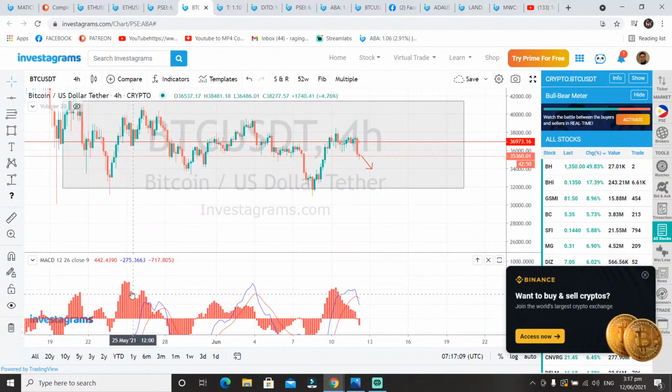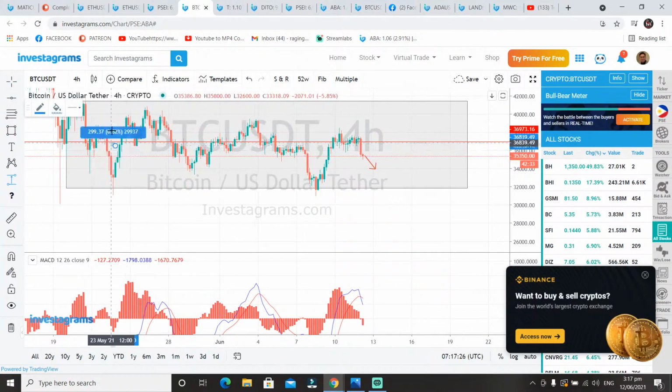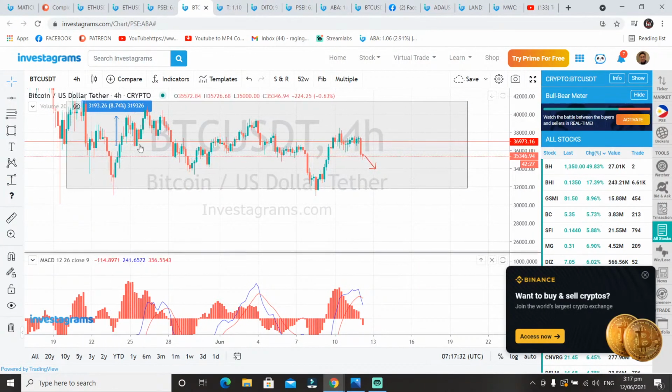But what's important is that once we already have this very high momentum, you can expect some movement. Either it could go further high or further low. In this case, it went down from here to here, a difference of about 8% before moving up again. So at least you have an idea that there's going to be a big movement.